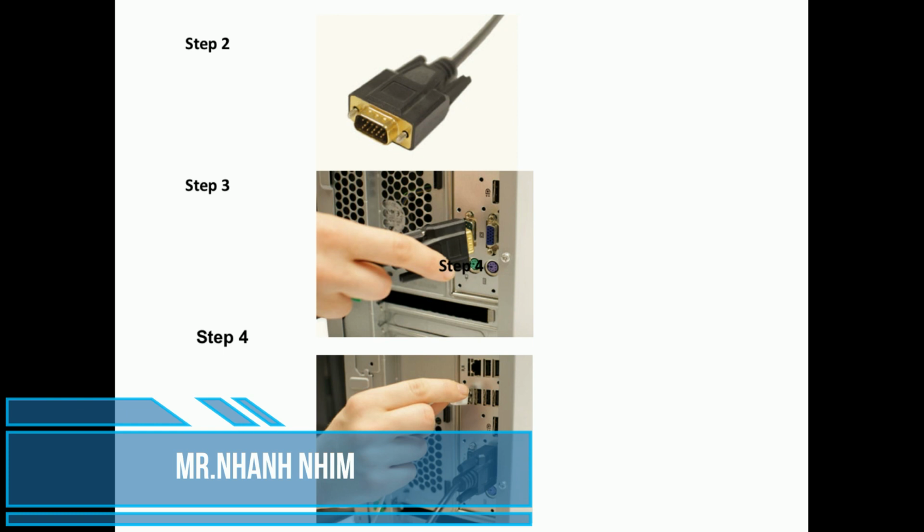They are typically located on the top of the back of the tower and are color-coded to match the keyboard and mouse plugs. Number 5, you need to connect any speakers: plug your speakers into your computer, like this, step 4. Ensure that your channels are plugged into the correct sides and that the speakers are plugged into outlets if necessary, okay?